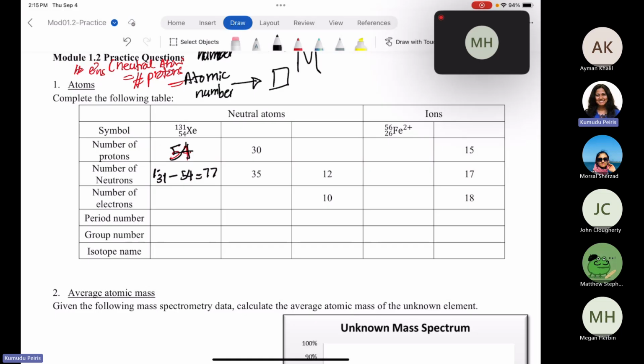Number of electrons will equal the number of protons in a neutral atom. So therefore the number of electrons will also be 54.